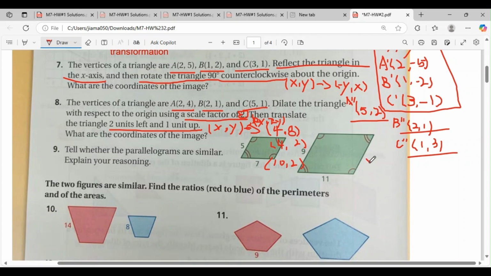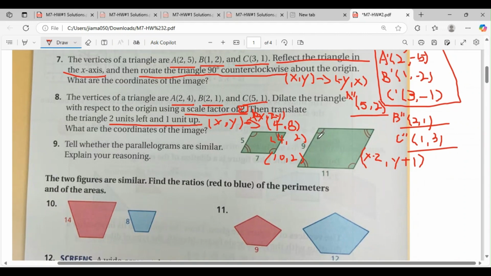So based on this rule, 4 minus 2 is 2. 8 plus 1 is 9. This is point A.